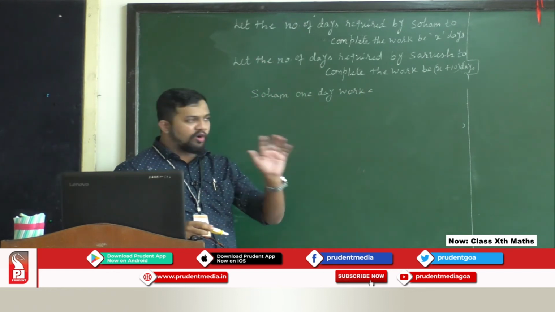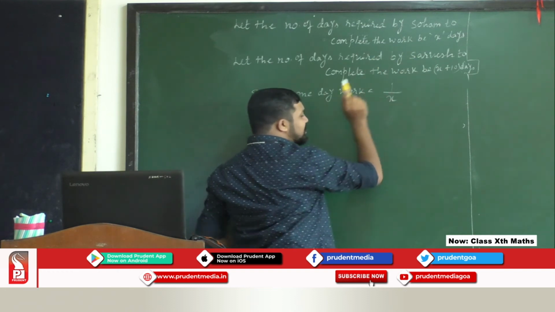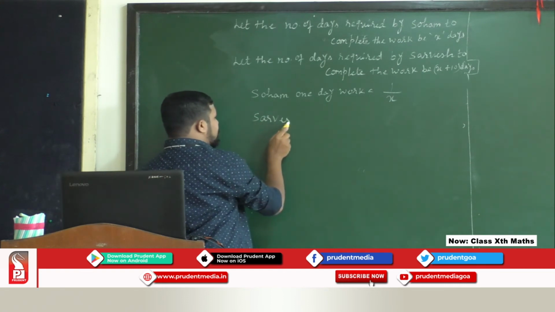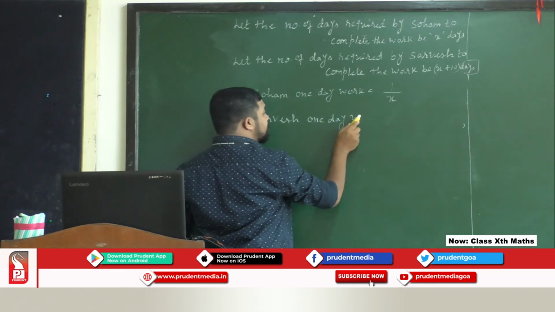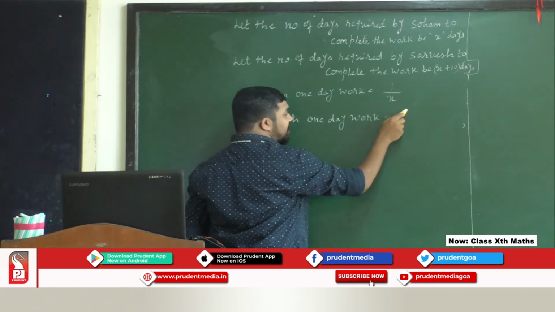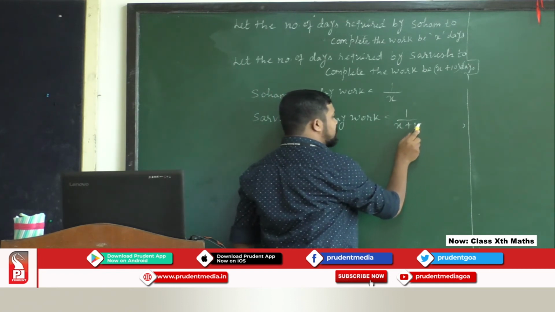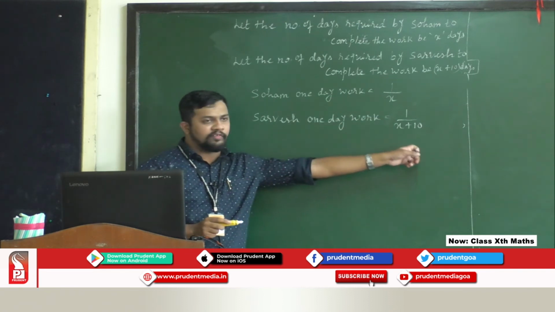Entire work we are taking as 1, and the number of days of Soham is x. So it is 1 upon x. Same way Sarvesh's 1 day work: entire work is 1, Sarvesh is taking x plus 10. So 1 day work will be, Soham is 1 by x, and same way Sarvesh is 1 by x plus 10.